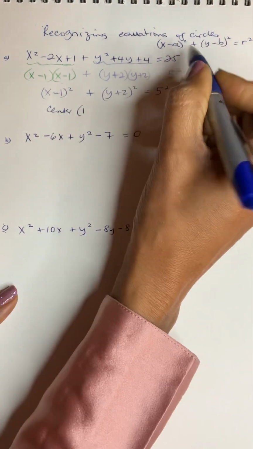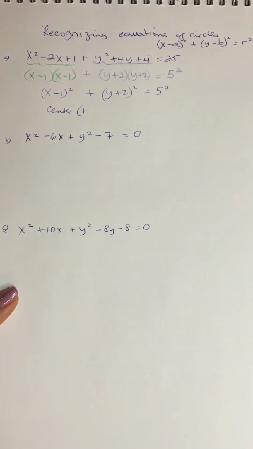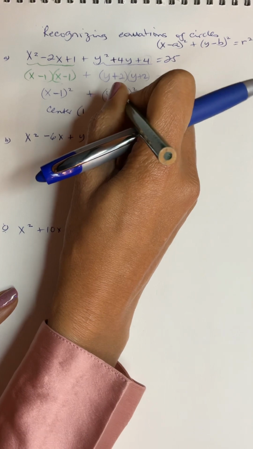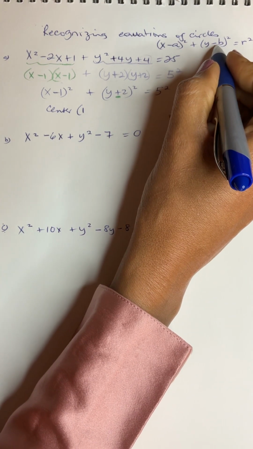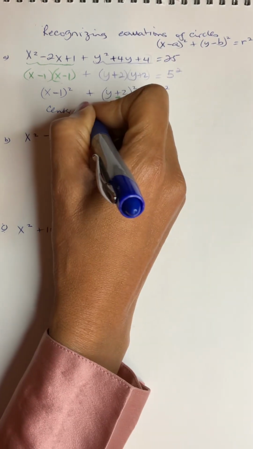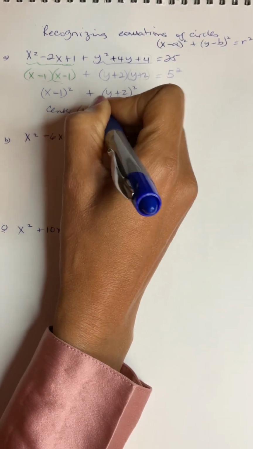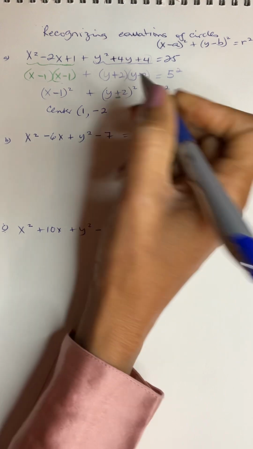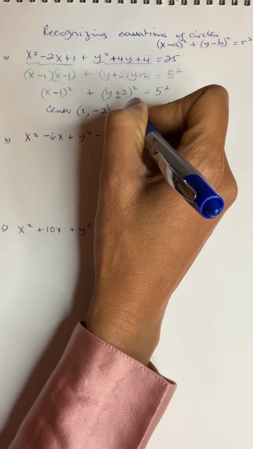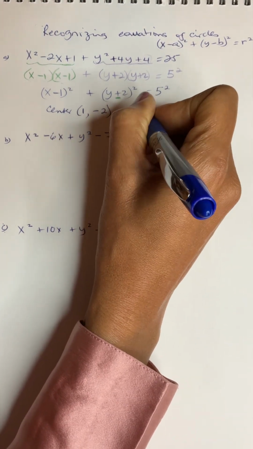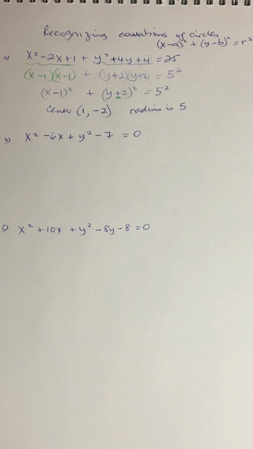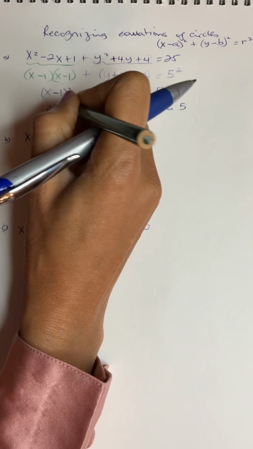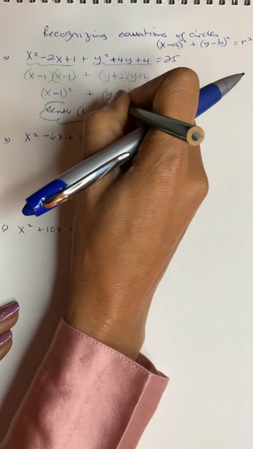This is 1, but we have plus 2 here. In our formula it's a negative b value, so the y value has to be negative 2. Just be careful there. That is our center, and the radius is 5.